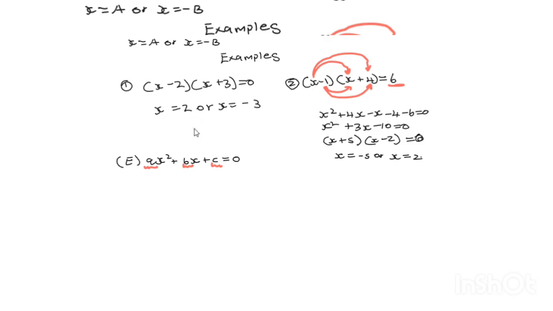So let me just make an example here. Let us say maybe we are given x squared. Let us use 7 now. Plus 7x, and then plus x, and then minus 12, and then equals 0.